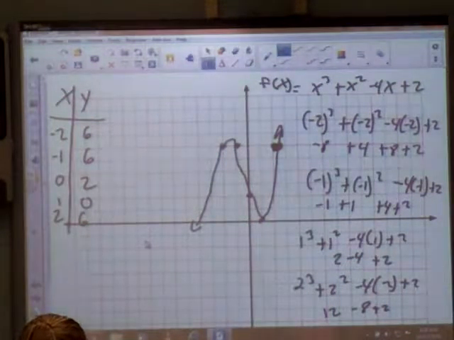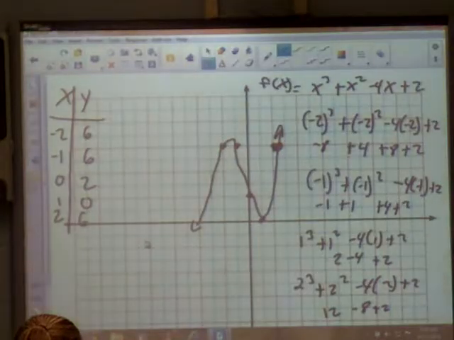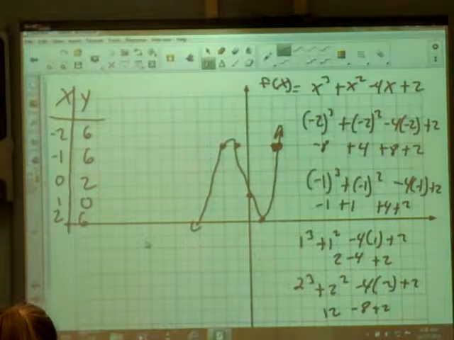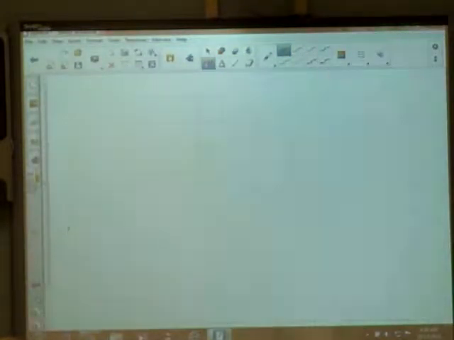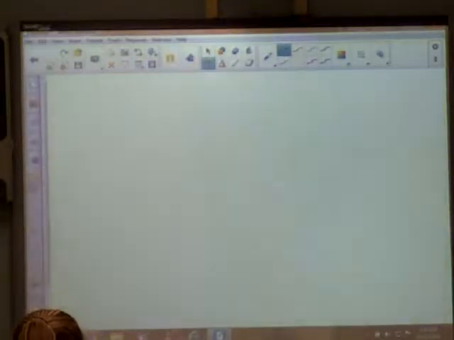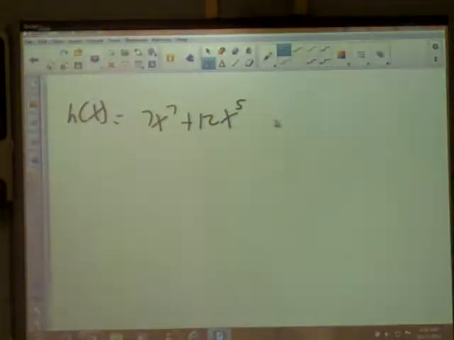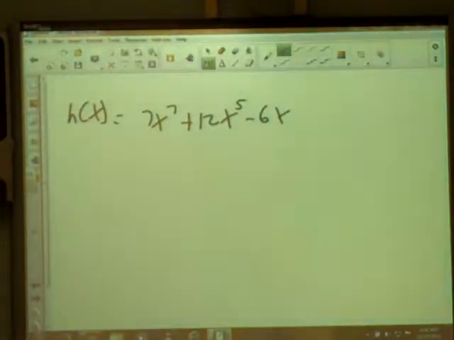All right, any questions on any of that? Because I'm going to give you one to try and make sure you can get it all. This one says h of x equals 7x to the 7th plus 12x to the 5th minus 6x cubed minus 2x minus 18.